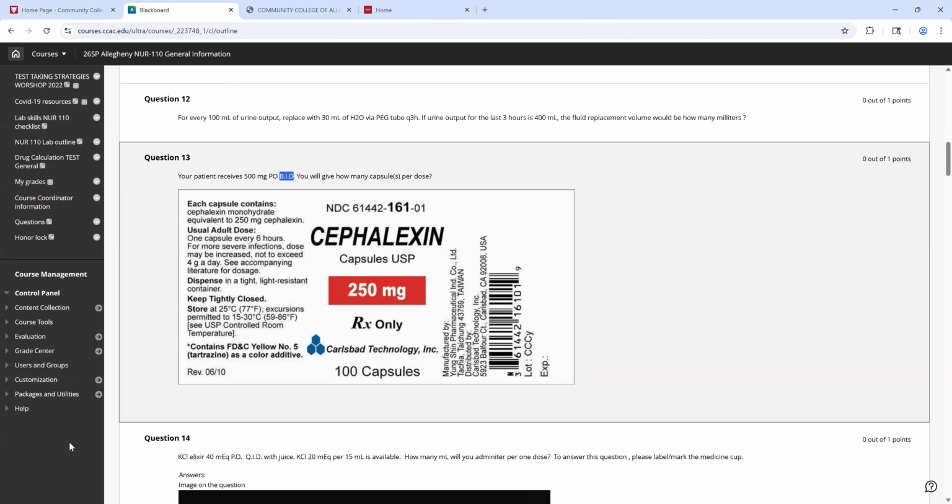When we're looking at the label, we want to pay attention to a couple of things. We want to pay attention to what is the strength of the medication. So it's 250 milligrams. And we want to pay attention to how it's administered, capsules. The 100 just tells you the total number of capsules in the bottle, and you're not giving them 100 per 250 milligrams, okay?